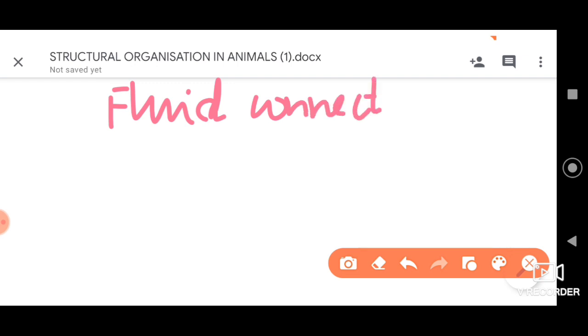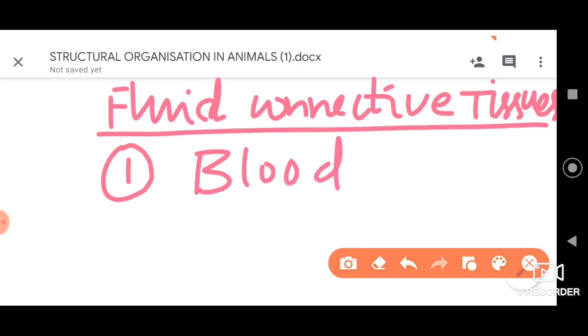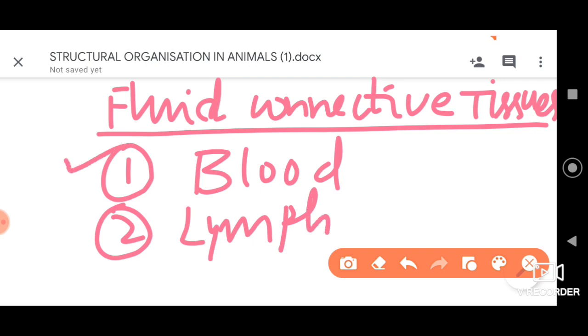They are the body fluids. Under this, dear students, blood and lymph are included. First is the blood and the second is the lymph. So cartilage and bone are skeletal connective tissues, and secondly fluid connective tissues, which are blood and lymph. So 4 in total are included under the specialized connective tissues.